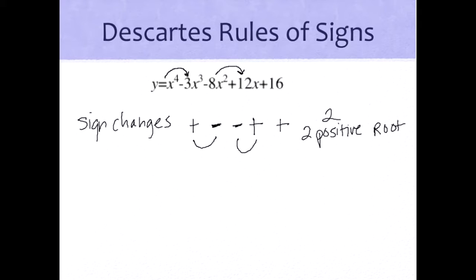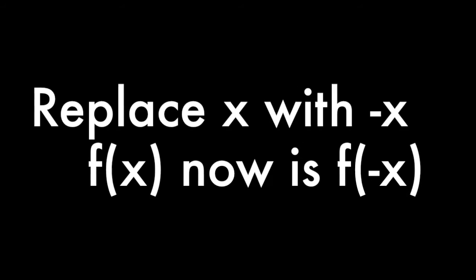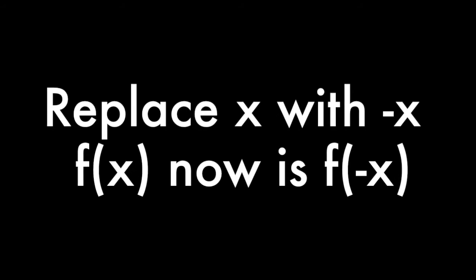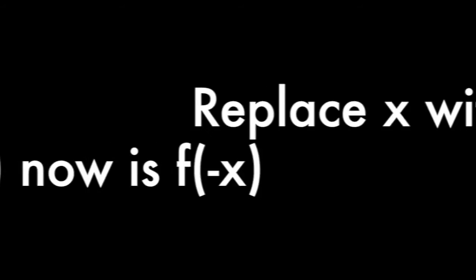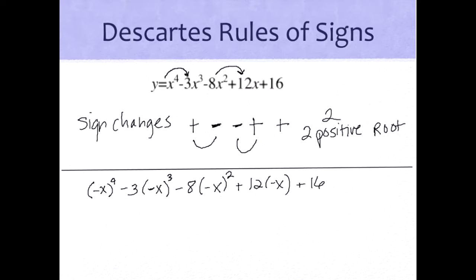Let's divide this up because these right here represent our positive sign changes. And so now I want to examine the negative sign changes. Quite simply, I am just going to replace the x with the negative x. And this is what my equation will look like.